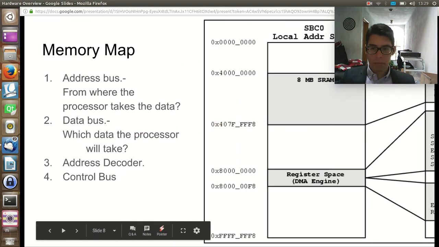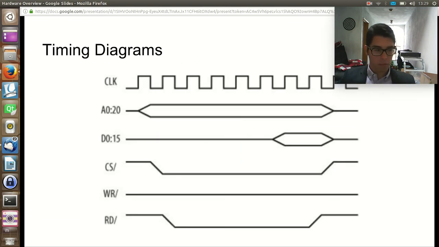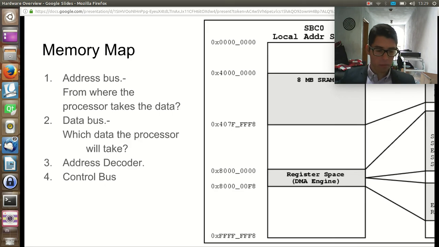So, memory map. We have what is called a memory map, and the first thing is that we have two different buses: the address bus and the data bus.